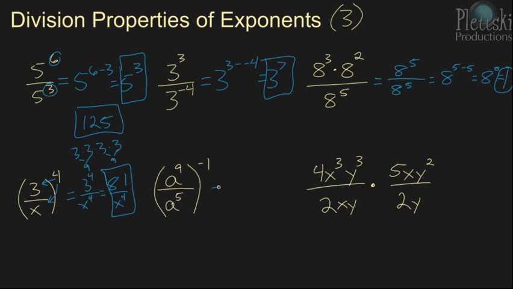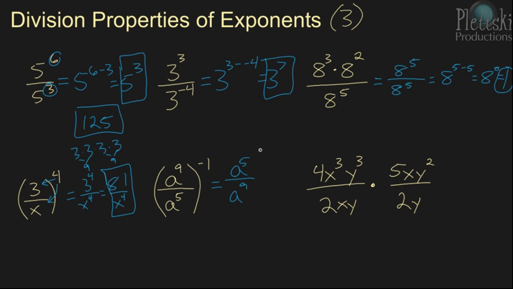Now the next one, we have a to the 9th over a to the 5th, raised to the negative 1 power. If you remember, when it's raised to a negative power, you write the reciprocal and then change the sign of the exponent. So the reciprocal of the base is going to be a to the 5th over a to the 9th, and our power changes from a negative 1 to a positive 1.